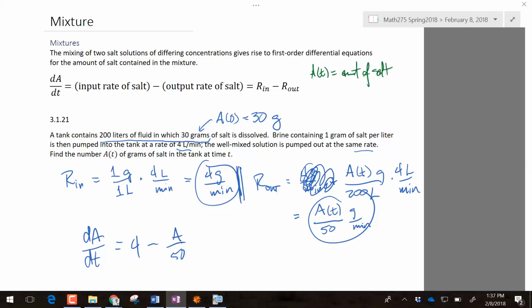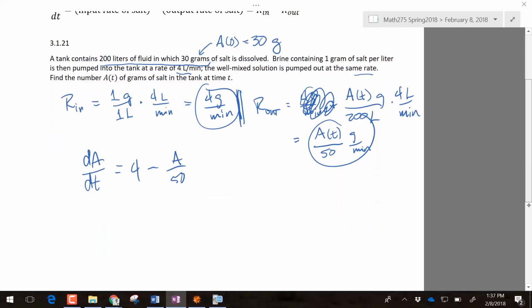What kind of differential equation is this? Separable, right? You can separate it. Should we solve for this? Yeah, we're solving for this.